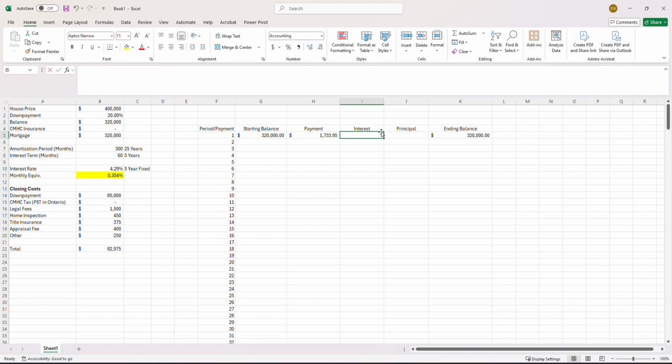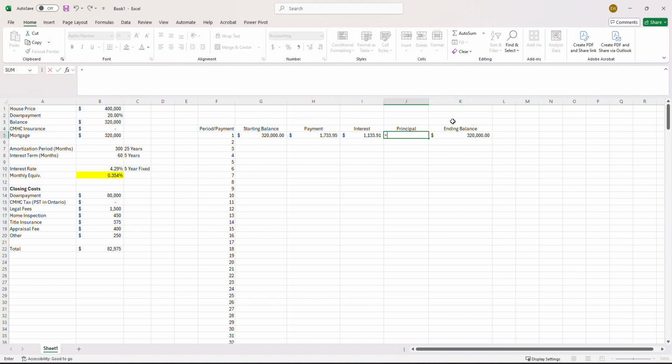And so now here is where you split your payment into a portion of interest and a portion of principal. Interest is just calculated as the starting balance at the start of the month times the interest rate, and then whatever's left over is going towards principal. What it means by going towards principal is that your actual mortgage balance is decreasing.